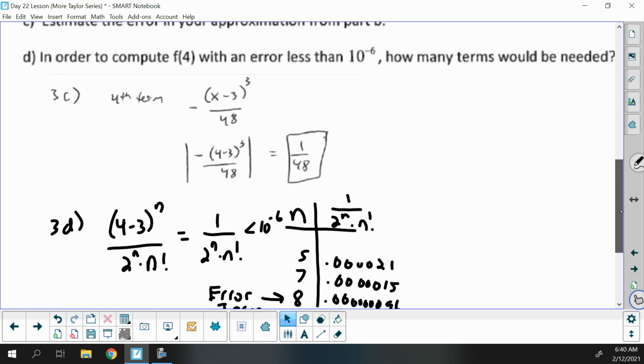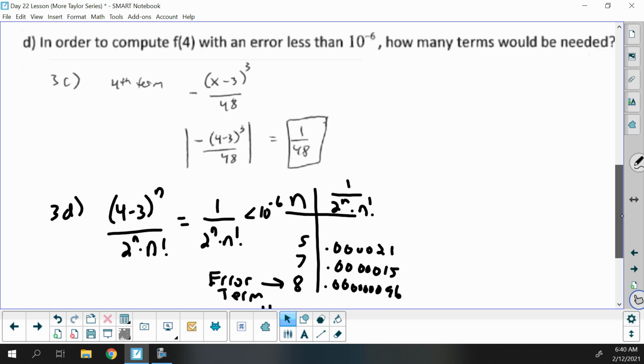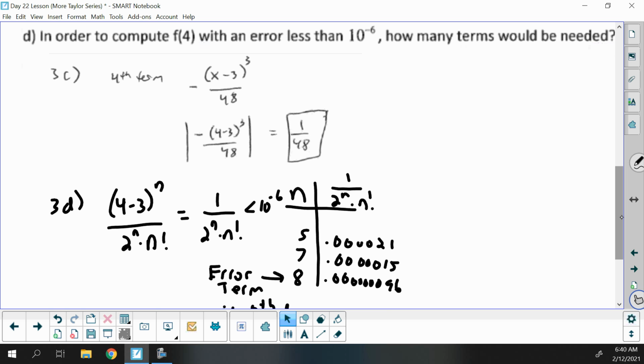And if we want our error to be less than 10 to the -6, fill your 4 in for x. That's just going to give us 1 to the n on top, which is just 1. So we need to sub this in the calculator.